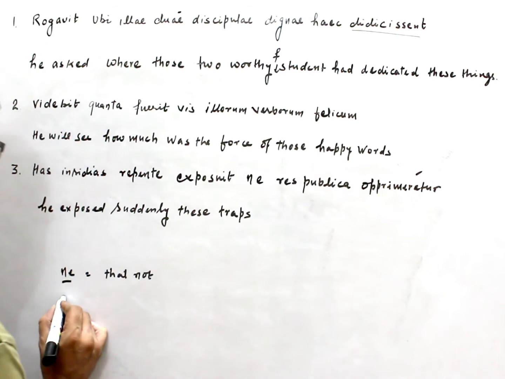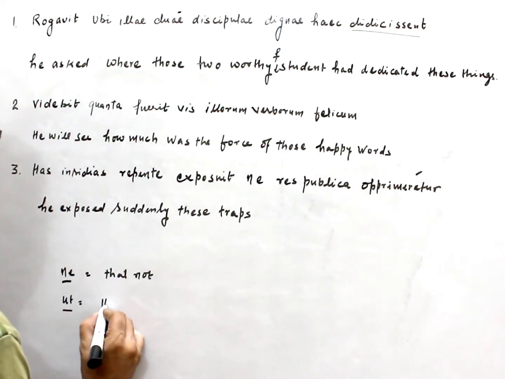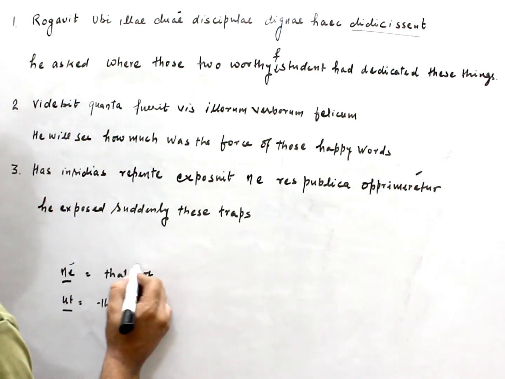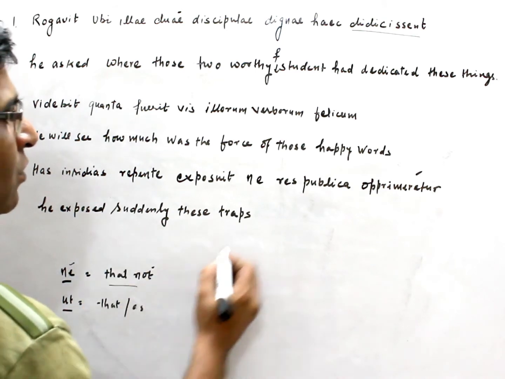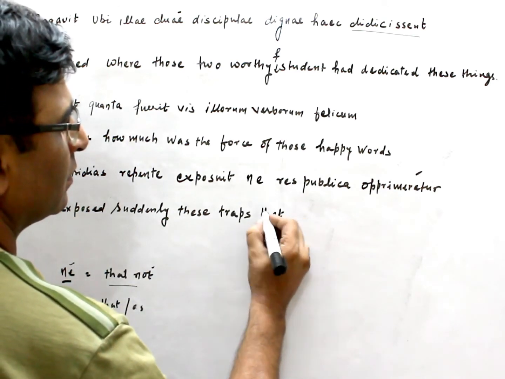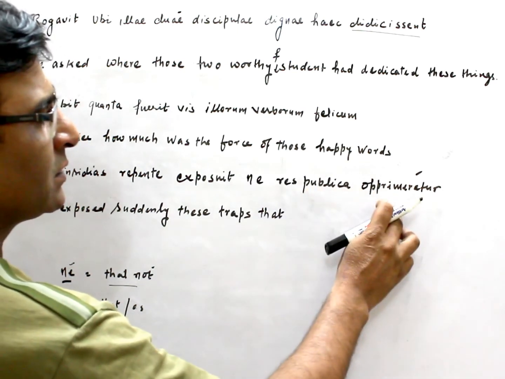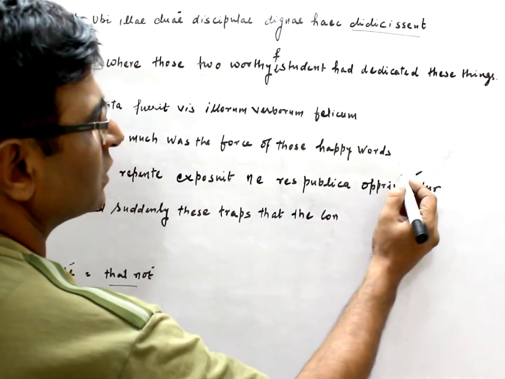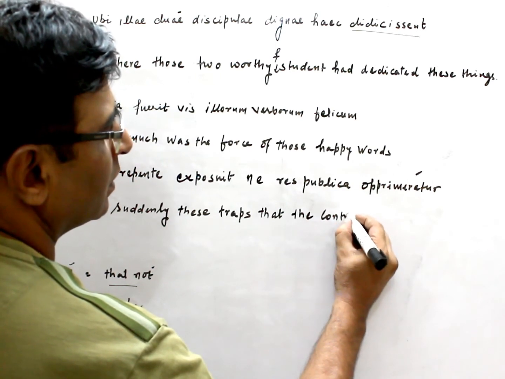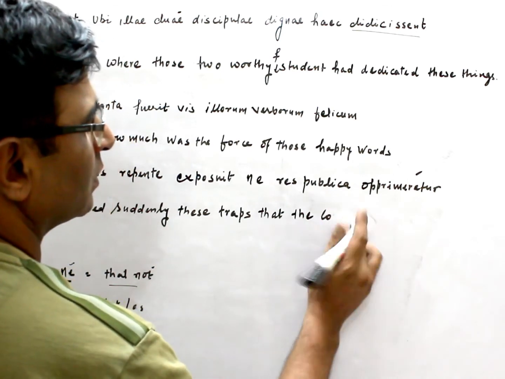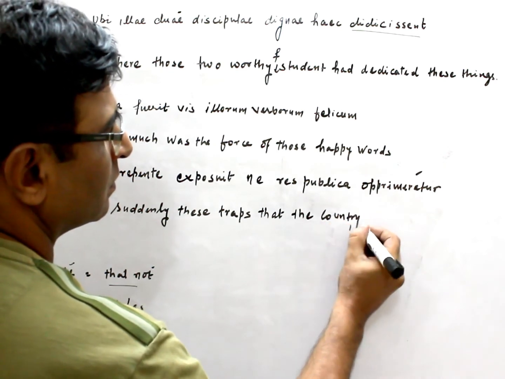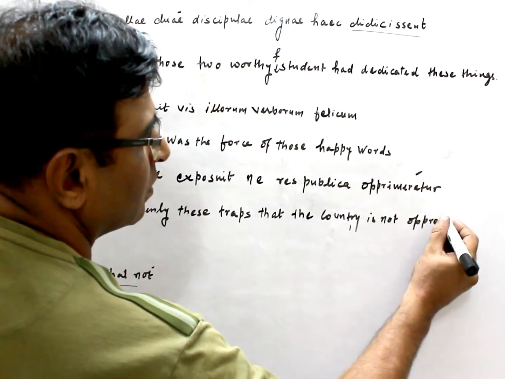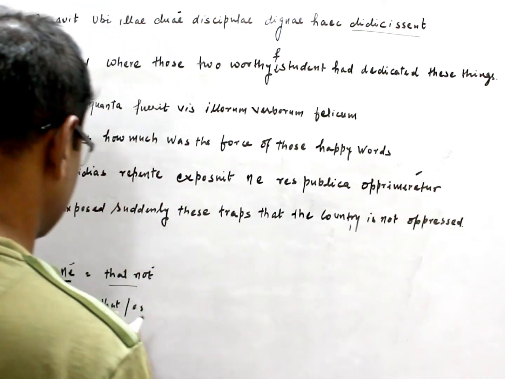So because ne is negative, so that not, that the country is not oppressed. Because it is present, so the country is not oppressed.